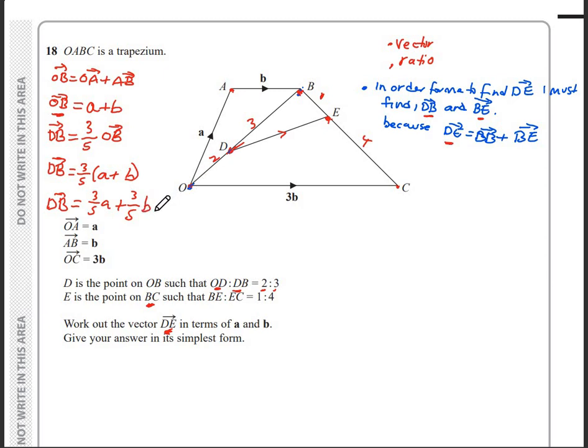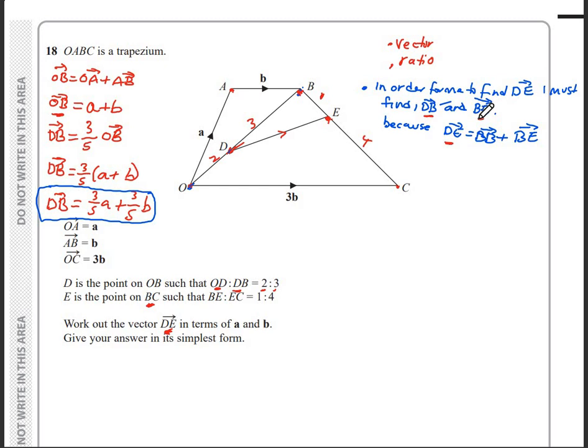Alright? Okay, so we found what DB is. I have found DB. Okay, so next, I found DB, that's crossed off.